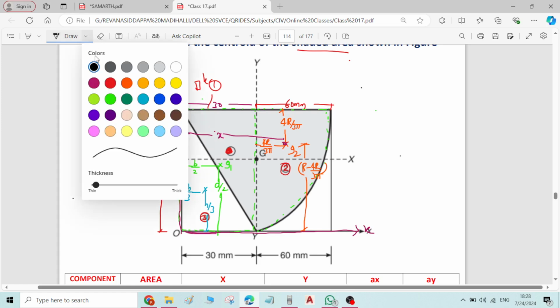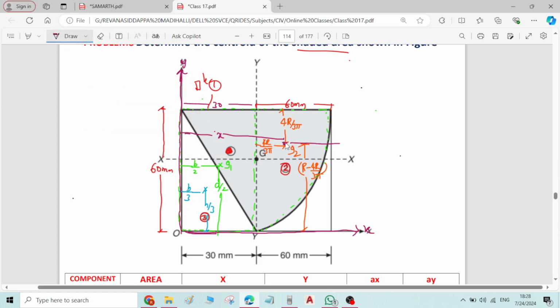Then coming to the y value for the quadrant of the circle. The y value is nothing but the distance of the centroid of the quadrant of the circle from the reference x axis. How much is it? It is r minus 4r by 3 pi. How is it r minus 4r by 3 pi? From the center of the quadrant of the circle it is 4r by 3 pi, the distance of the centroid from this line.